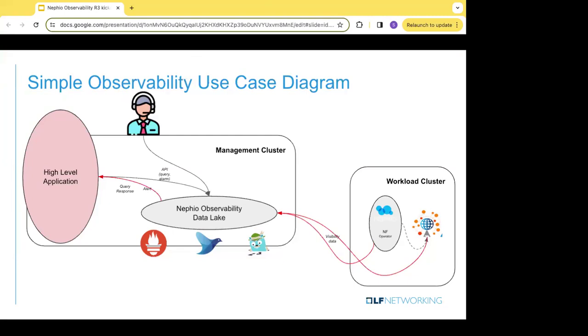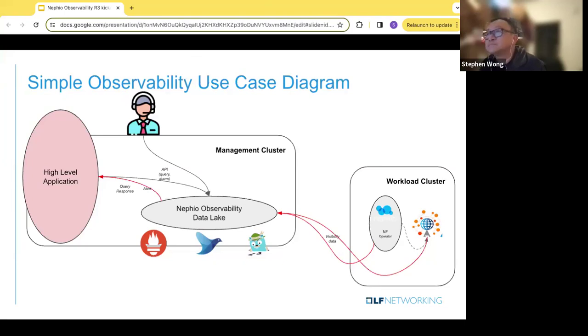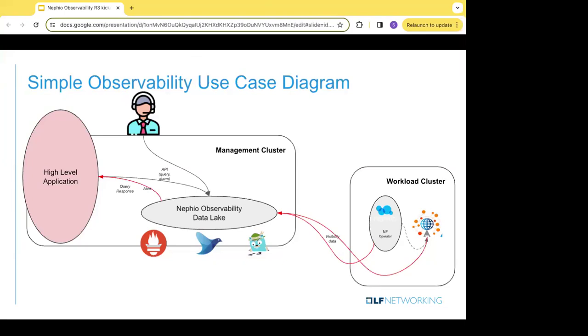If you'd like to be scalable, in my opinion, you need such mechanisms, so that some data will be used for the closed loops on the workload clusters, but there will be a decision that some will be pushed to the management, as you said, for the orchestration part, for the higher level application, or even for service assurance.